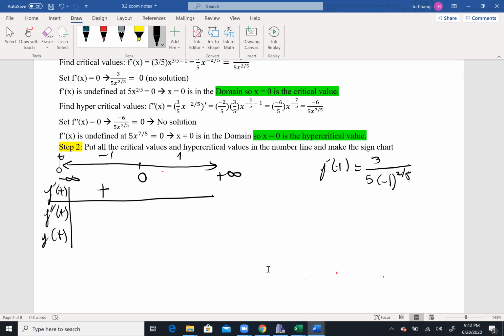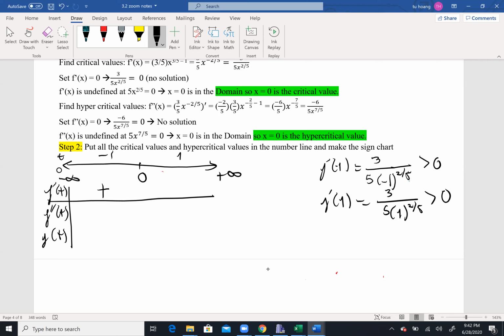And for 1, it's also going to be f derivative of 1 equal to 3/5 times 1 to the power 2/5. That is also going to be greater than 0. So both of these are greater than 0. You can check that, but I'm pretty sure, because the top of the power here is 2.